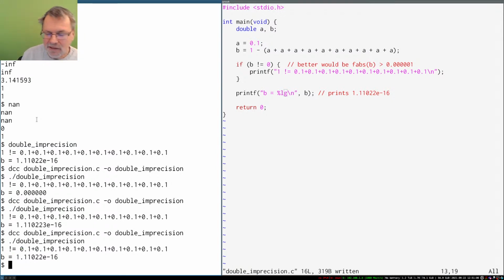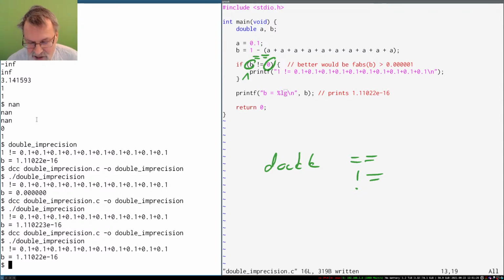Another of my life tips, another way to have a happier life, is never ever put equals equals, or double equals, next to a floating point number. So don't have a double value equals equals or not equals. That is dangerous. If you've got a double value, comparing for equality is generally best avoided.